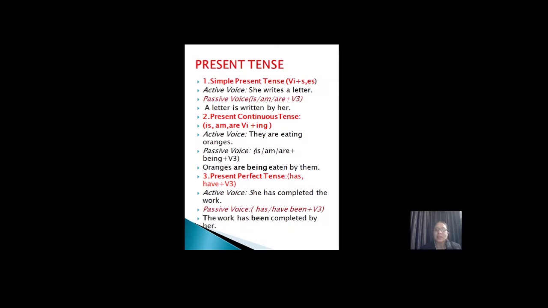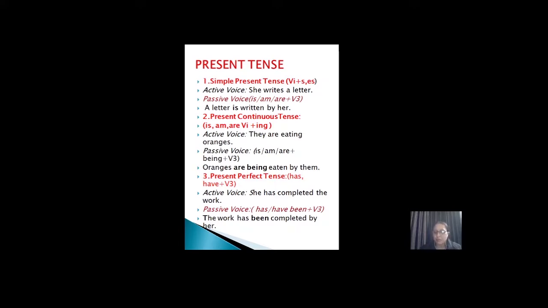Why? Because all the forms which are given in active voice are changed into V3, the third form of the verb. So ing we will add with be. So our rule will be is/am/are plus being plus V3. So: Oranges are being eaten by them.